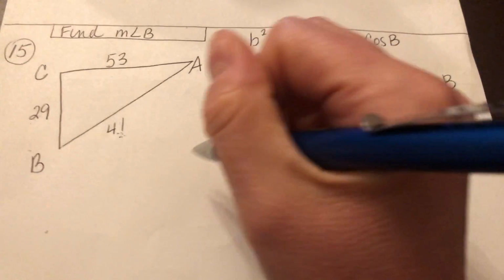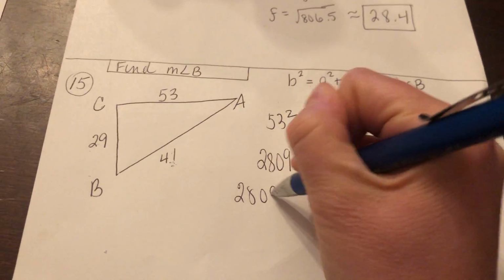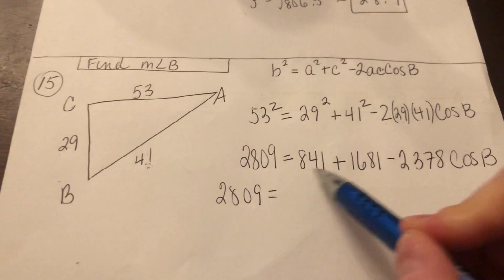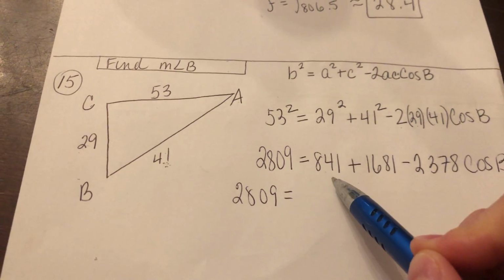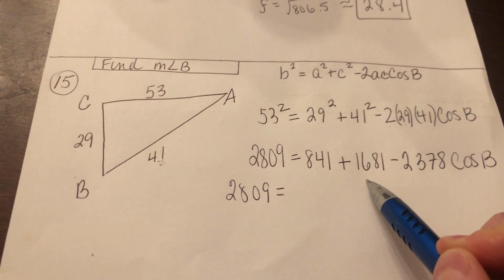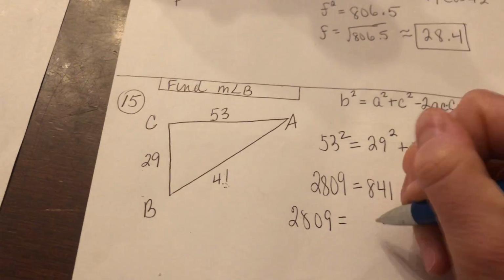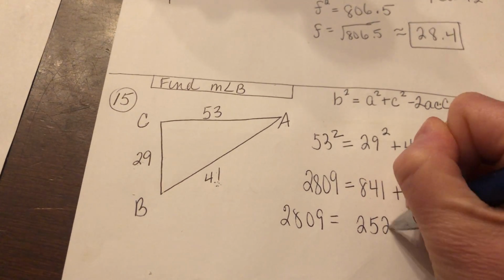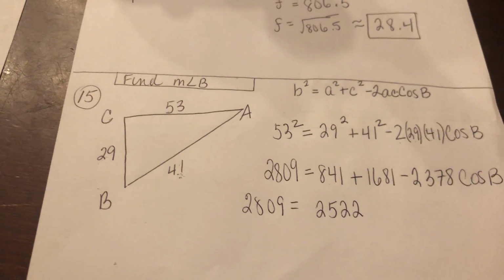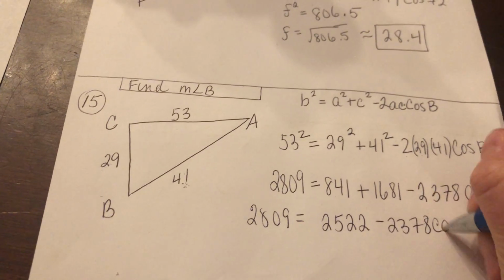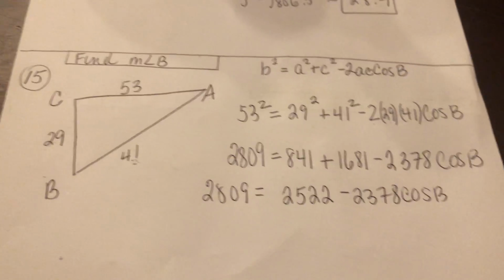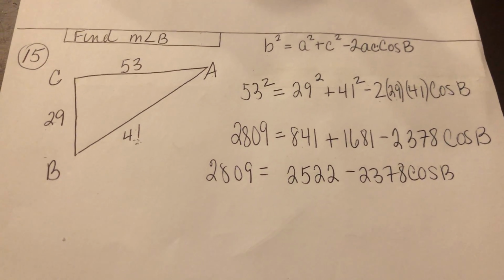Let's continue. I have 2809 equals, if I add these two together, 841 plus 1681, I get 2,522, minus 2378 cosine b. All right, and then we're just going to do our algebra.